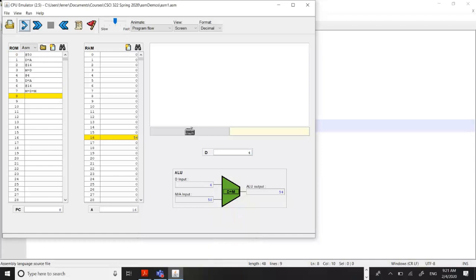Questions thus far? Yeah, Innocent. Earlier you mentioned that we do not have an ability to add anything other than 1. We can only add 1 to something, not 2 or 3 or 4 or 5. Right, we have to use the A register to set another constant, which is what we did here.